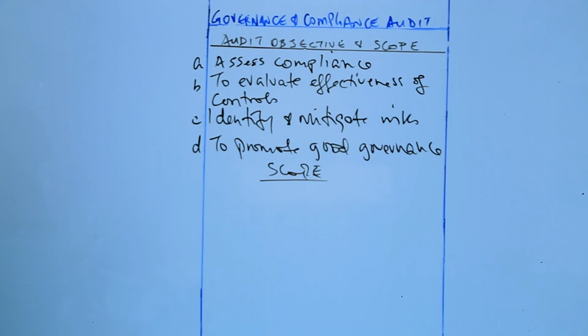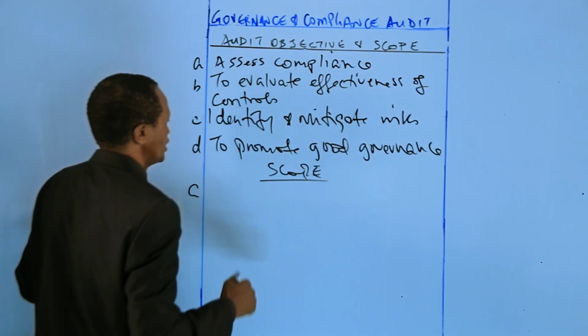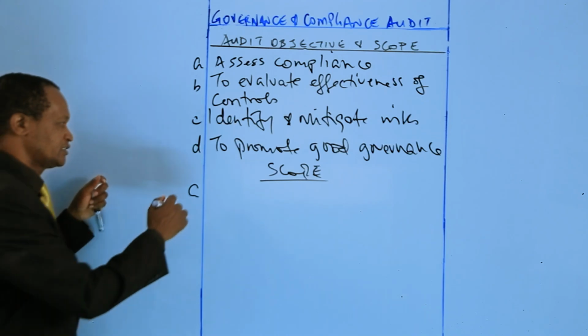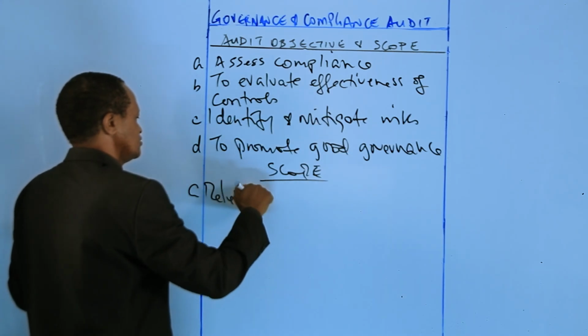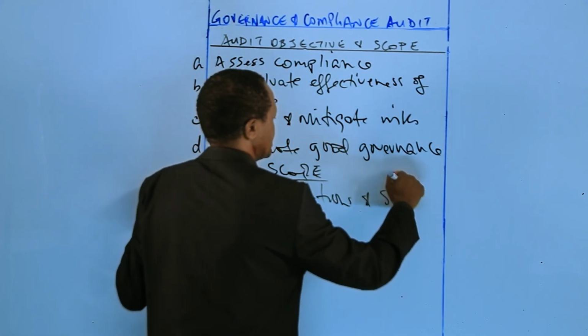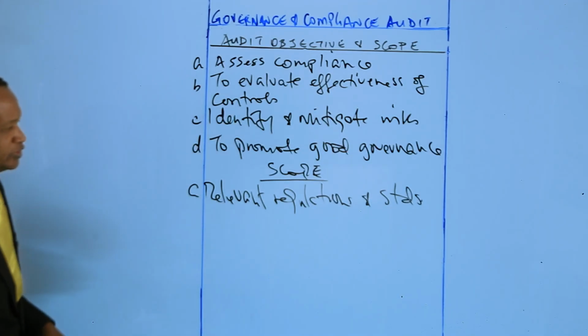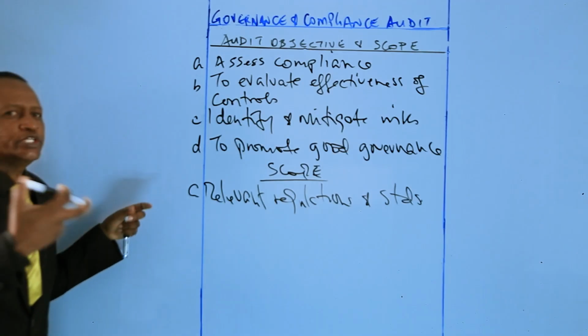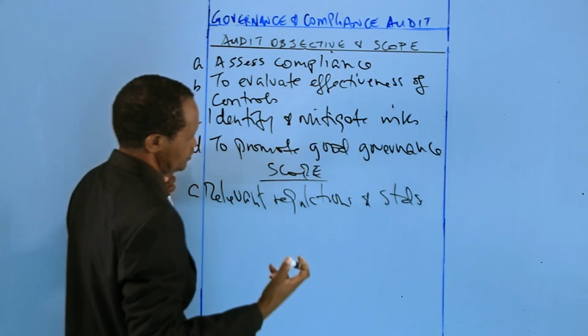And therefore, candidates, what are some of the factors to consider when defining scope? Now, when defining scope, one important factor to consider is the relevant regulations and standards. When determining the boundary of an audit, it's very critical to check the regulations and standards. The scope must directly be tied to the audit objective, first of all.